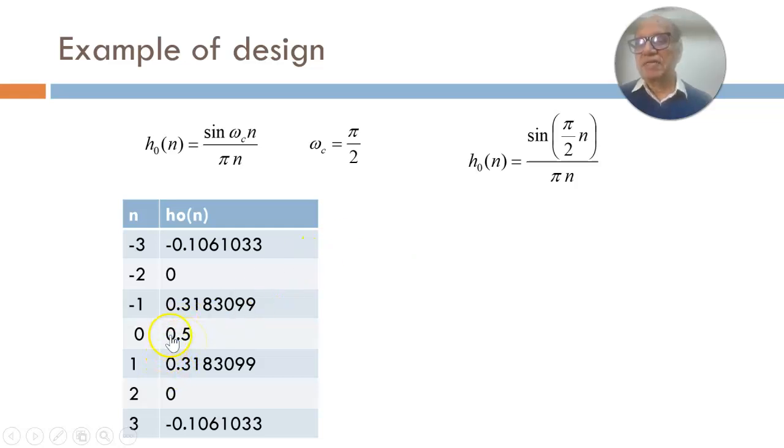And then for 1, you will get the same value as minus 1, because remember, if n is negative, sine of minus theta is minus sine theta, and n is negative, so the two negatives will cancel. And if n is positive, anyway this is going to be positive. So you will get the same value for 1 as you got for minus 1, and same value for 2 as you got for minus 2, and so on.